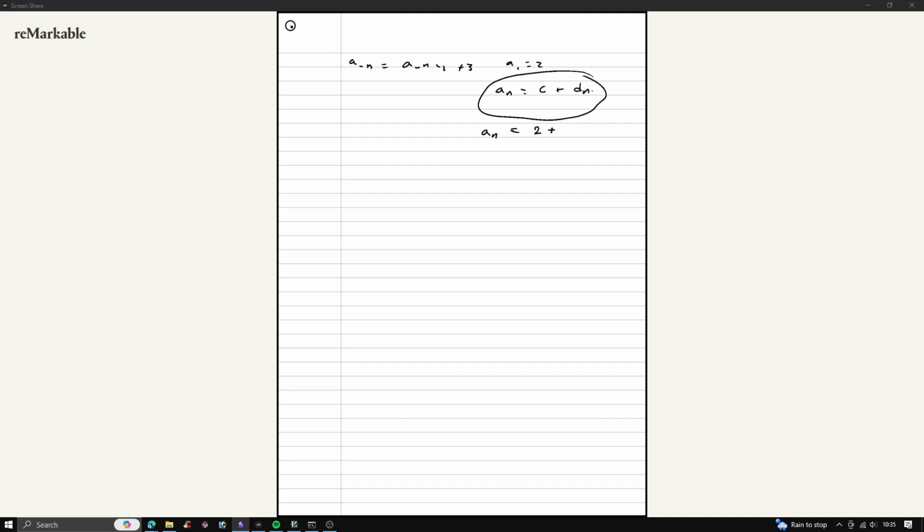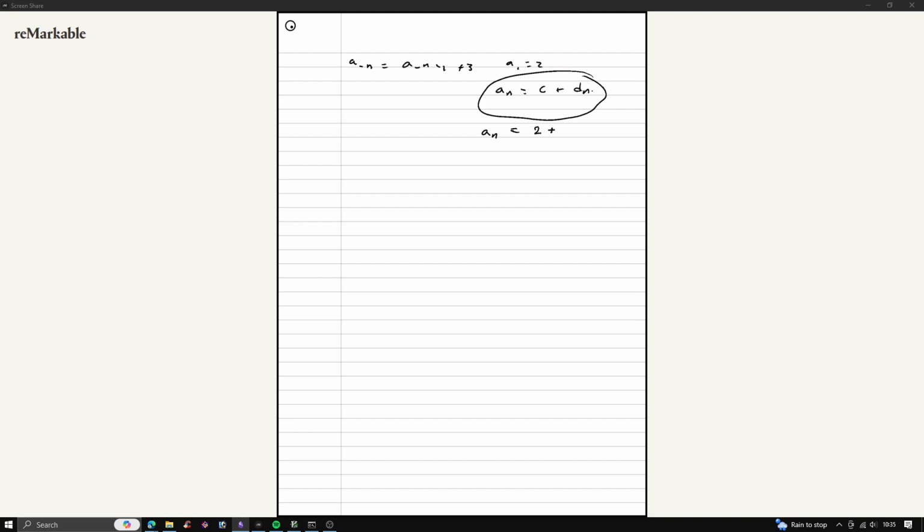The thing is, if we just do some thinking, a of n equals a of n minus 1 plus 3, right? So at a of 1, it's just going to be 2. At a of 2, it's going to be 3 plus 2, which is 5. And it'll go 8, and then it'll go 11.